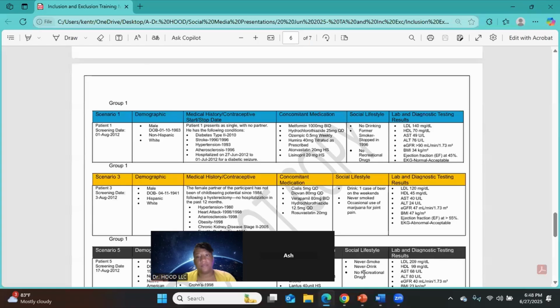Oh, ALT. Yep. The ALT is 76. It's too high. And then the EGFR is more than 45. It's at 45, so it can't be less than 45. Yes.